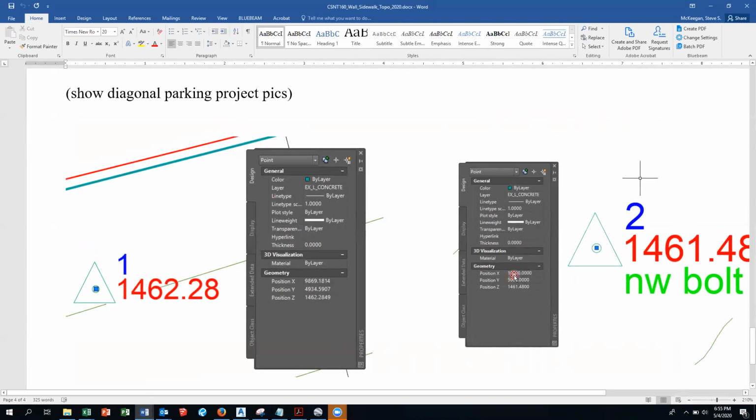X and Y really should be written as northing and easting, but the Y is the northing, right? The Y-axis is the north-south line. And if you remember, Mr. V was teaching us that you go with assumed northing and easting if you don't have GPS information.